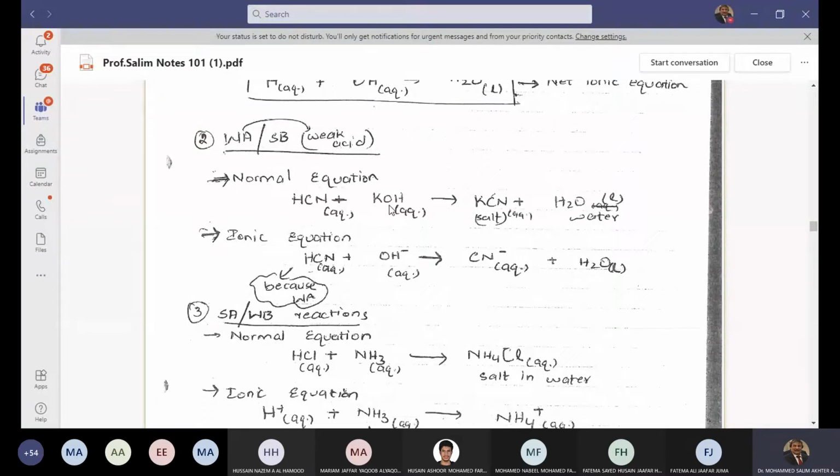Can I write down OH minus? Yes, because it's a strong base. So HCN plus OH minus: the proton comes here, giving CN minus plus H2O. This is the net ionic equation.